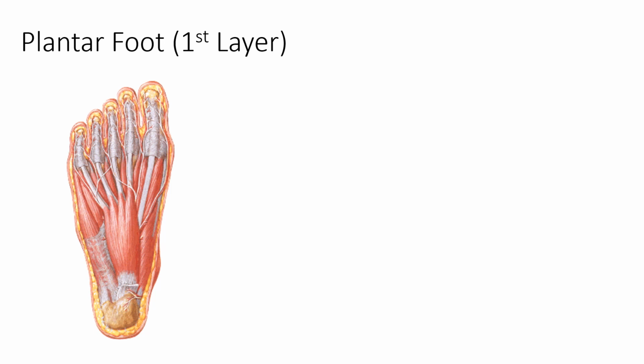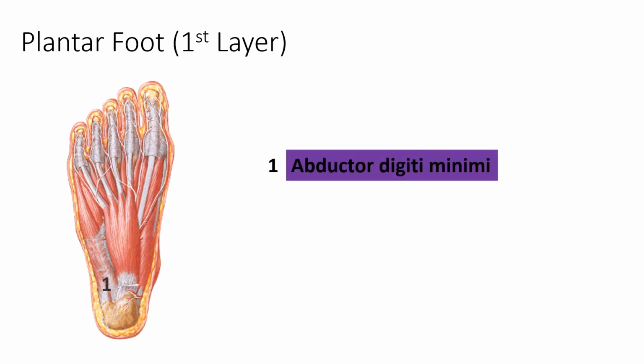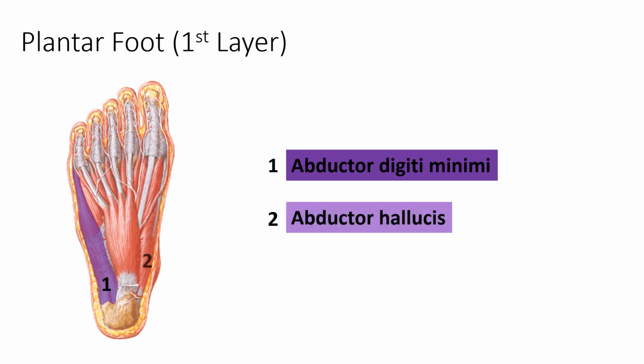So the first muscle we're going to look at is our abductor, to be specific, our abductor digiti minimi, which runs laterally, pretty close to that little pinky toe, as we would expect with the name having digiti minimi in it. Our second muscle is our abductor hallucis muscle. So it's our second abductor running on the medial side of the foot towards that big toe, as we would expect with a name that has hallucis in it.